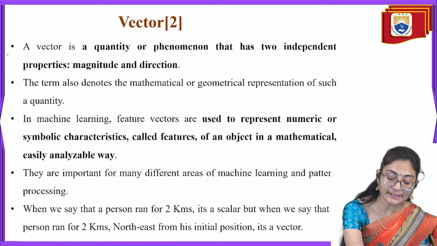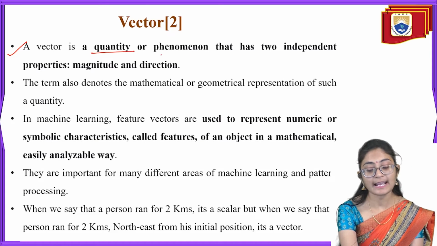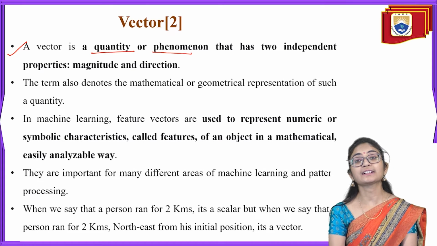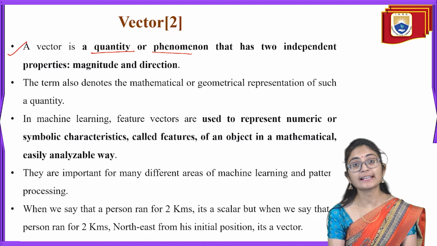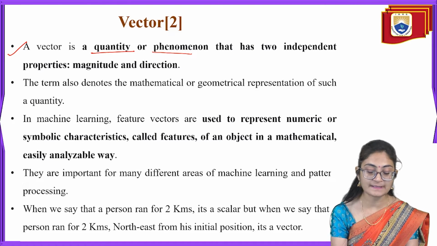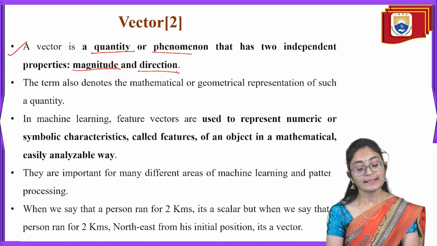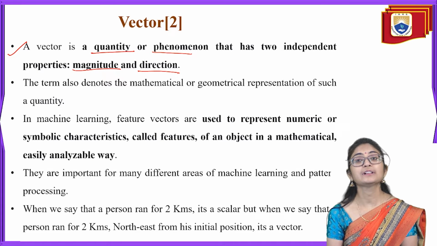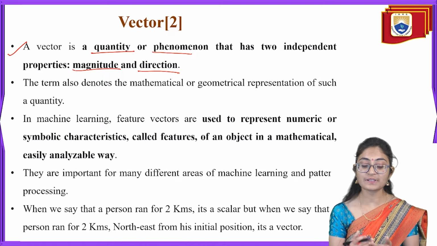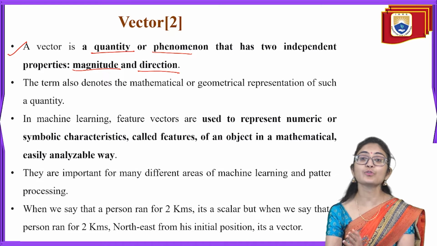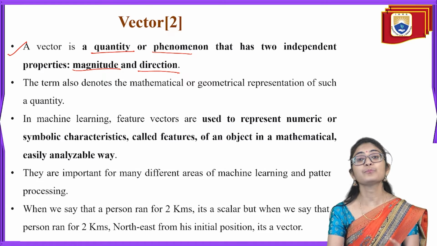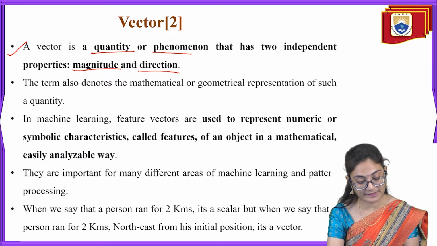Actually, a vector is a quantity and phenomenon that contains two independent properties, which are magnitude and direction. The term also denotes the mathematical or geometrical representation of such a quantity.